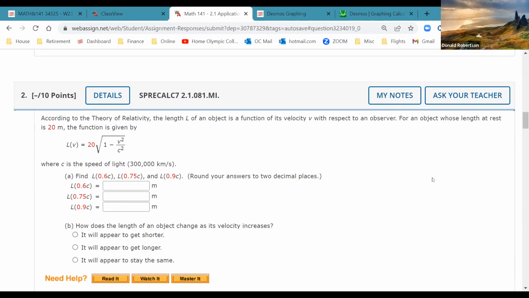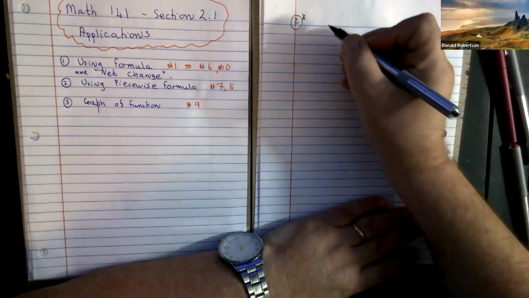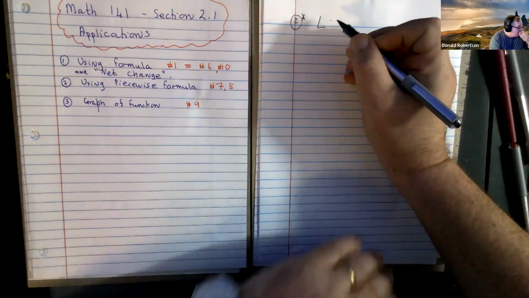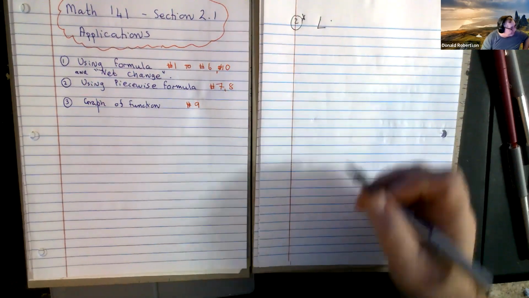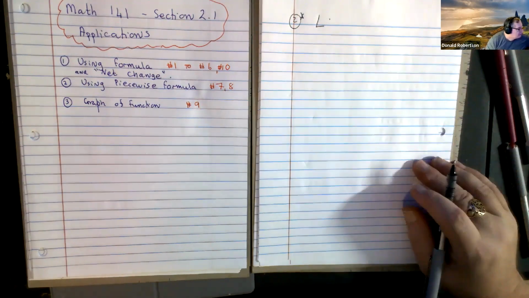The next one is a version of question 2. So this one has a little bit of a kicker in the tail. According to the theory of relativity, the length of an object, L, is a function of its velocity.